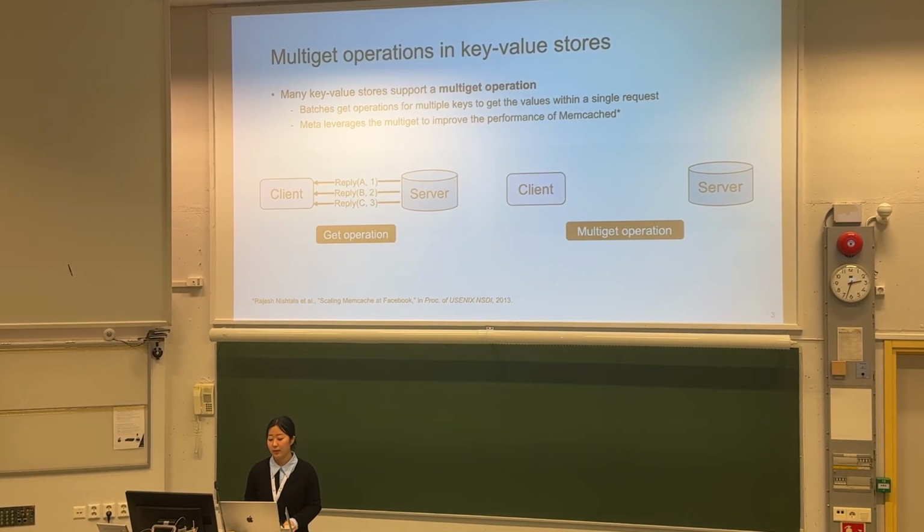But with multi-get, it can be done with just 1 request and 1 response. So this significantly reduces the number of round trips, saving both bandwidth and latency. In fact, Meta has adopted multi-get in Facebook's Memcached clusters to improve performance.